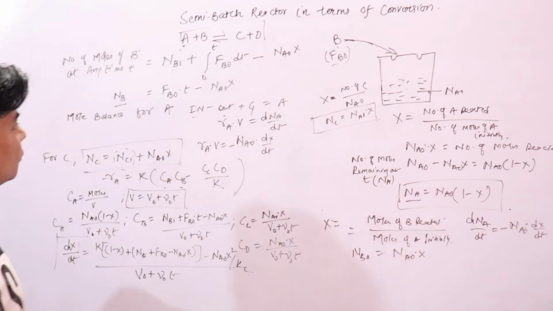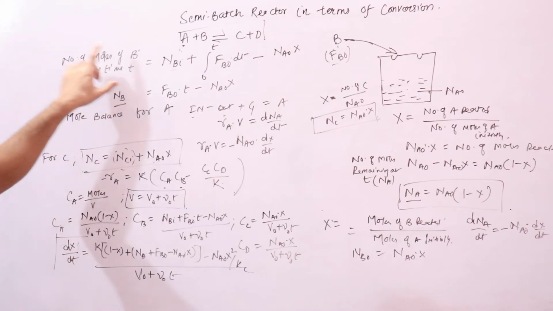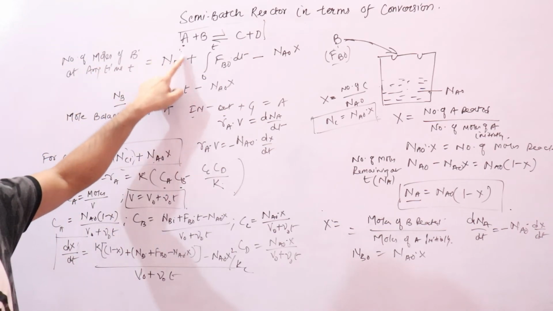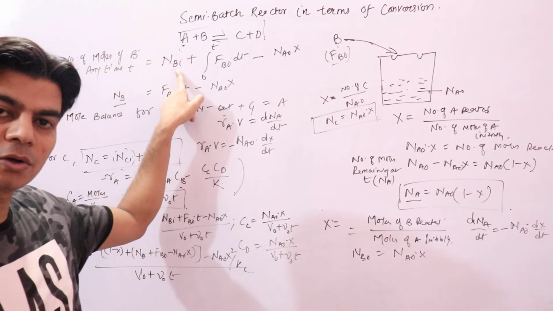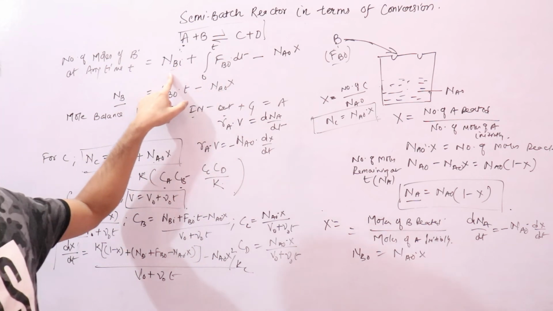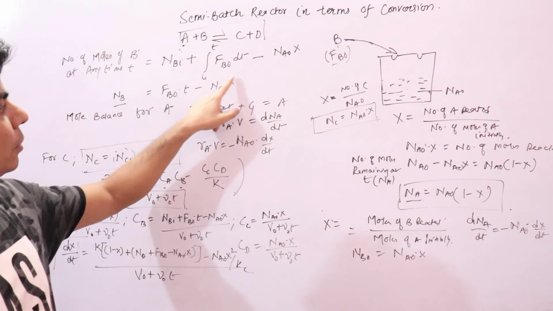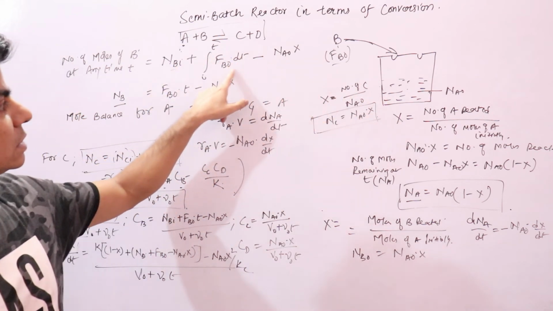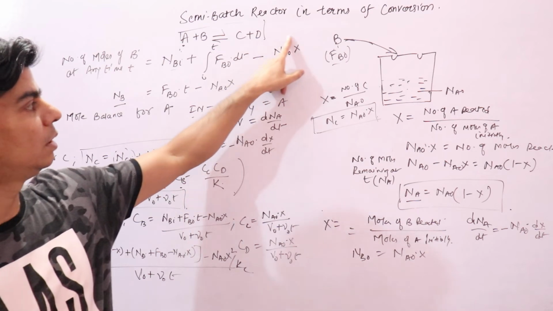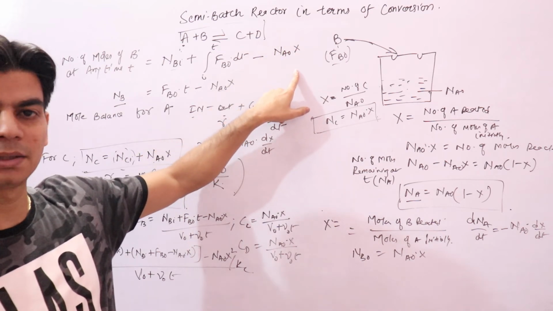Similarly, the number of moles of B would be this much. Initially, let's say NBI is the initial number of moles present in the reactor, which we know is 0, plus the number of moles added to the reactor, minus the number of moles of B that has reacted.